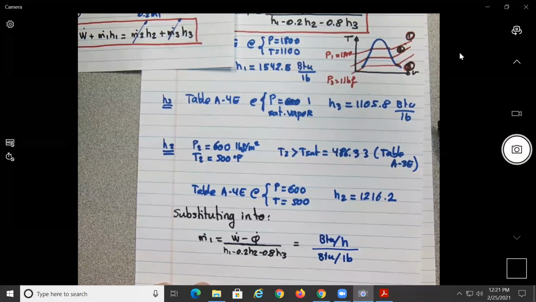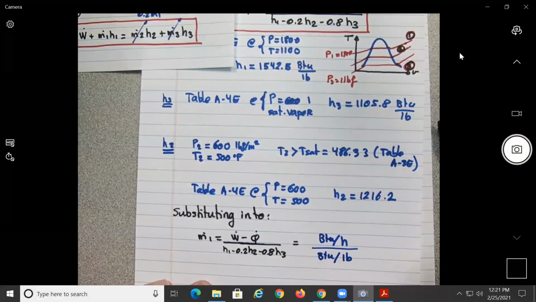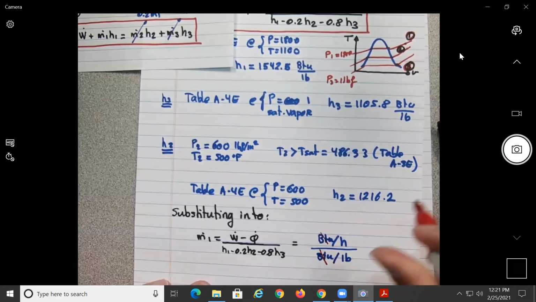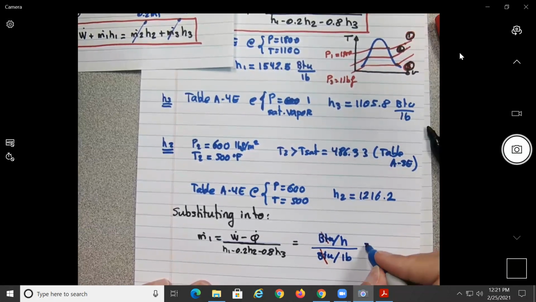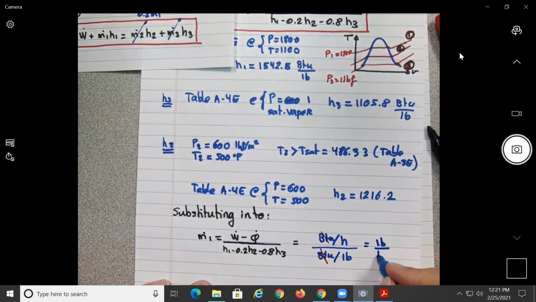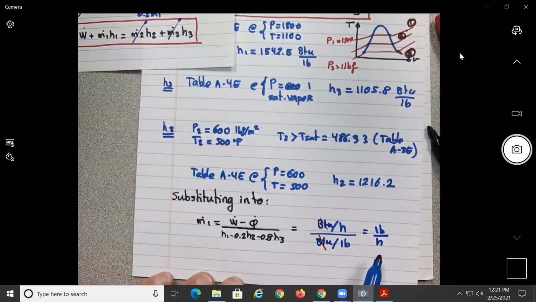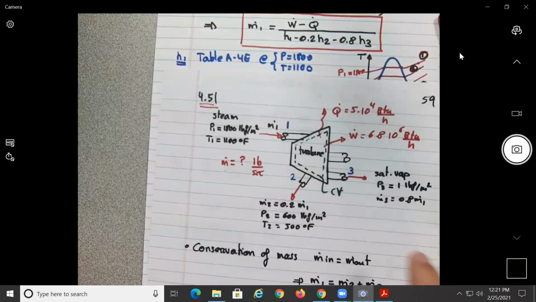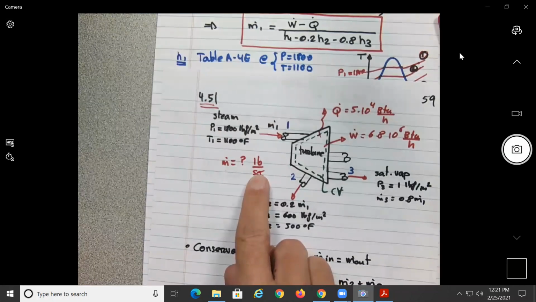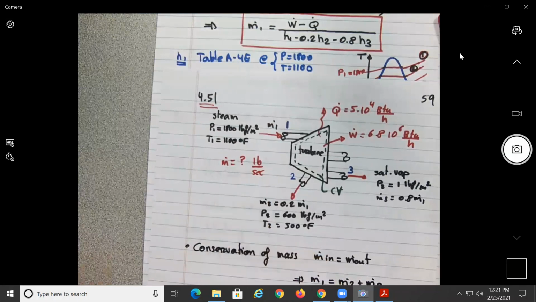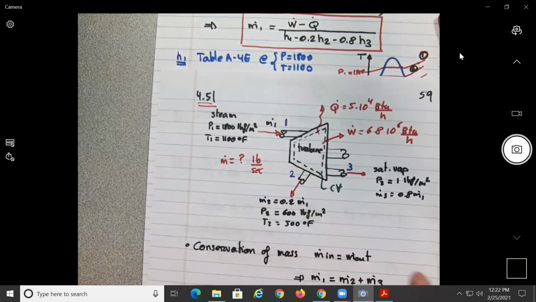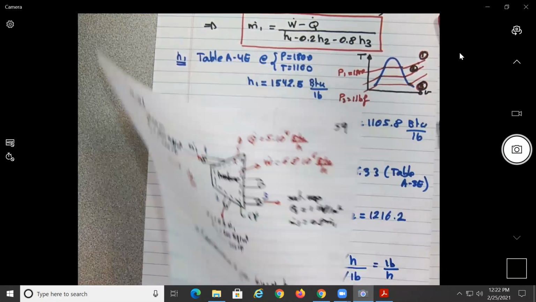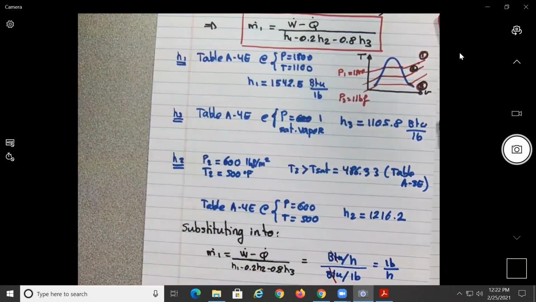So the BTUs will cancel out, and this gives us pounds per hour, but they're asking us to solve the mass flow rate in pounds per second. So let's do it in pounds per hour, and then we transform it into pounds per second. Is that okay? All right.